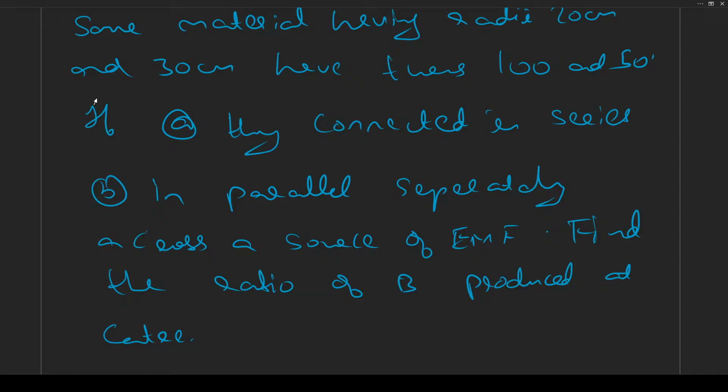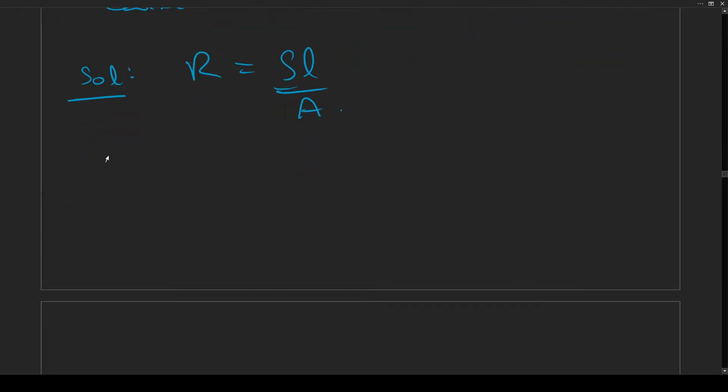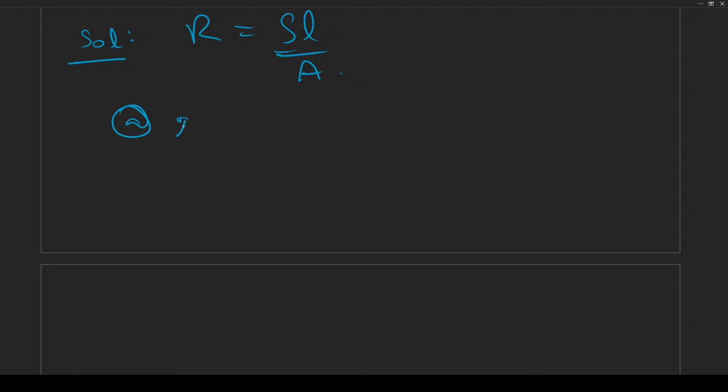When we can calculate the amount of current passing through each coil, based on whether they are connected in series or not, and the resistance we can find as resistance equals rho L by A, where rho is common for both materials.